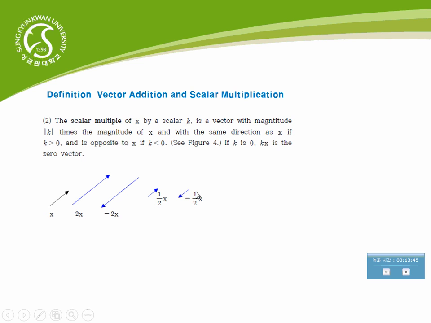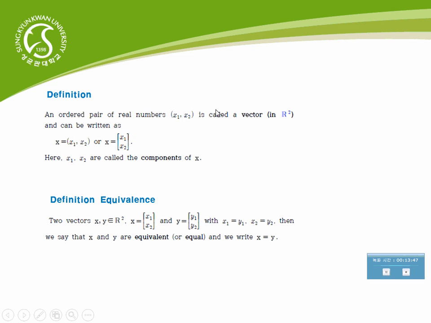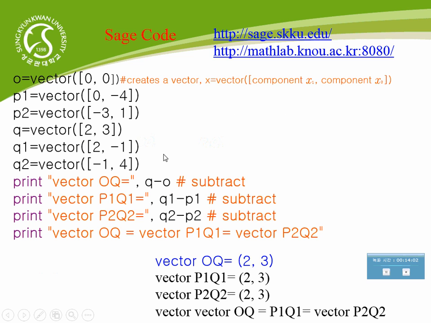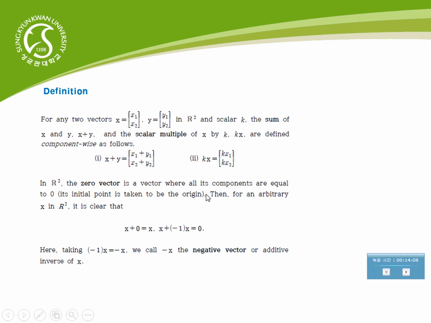The scalar multiple and definition of a vector in R2, and the equivalence of two vectors, and how to figure out whether the given vectors are equivalent or not. This is the kind of key. Then you can add or subtract using this code.